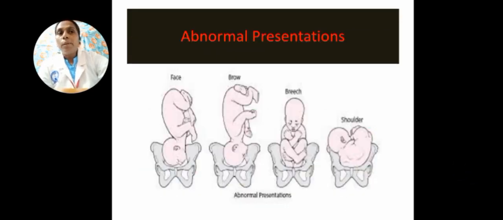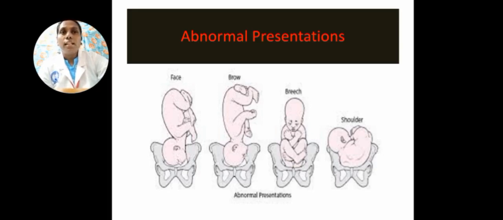And you can see some abnormal presentations. Within the cephalic presentation itself, you can see vertex presentation, face presentation, and brow presentation. We consider vertex as the normal presentation. The other two, face and brow, are abnormal presentations coming under cephalic.